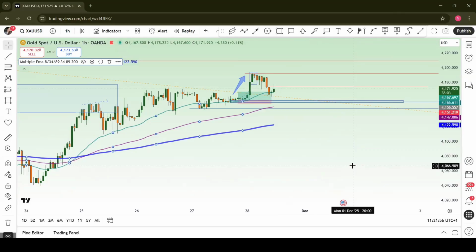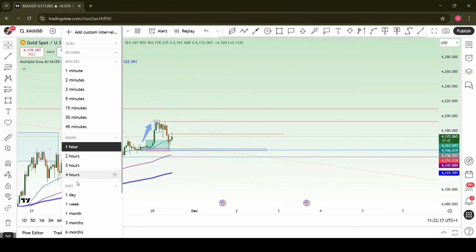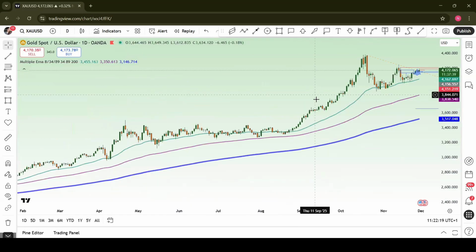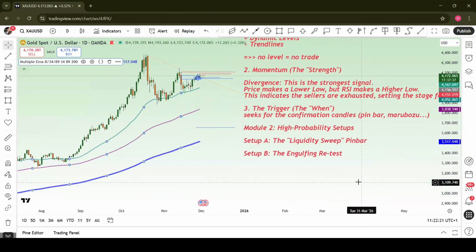And that's why today I temporarily stopped providing the scalping signal. And when the market is more stable, more sustainable, we will come back and fight with the market again.